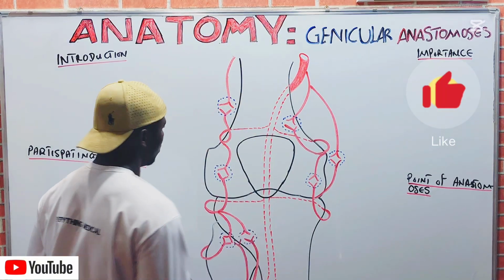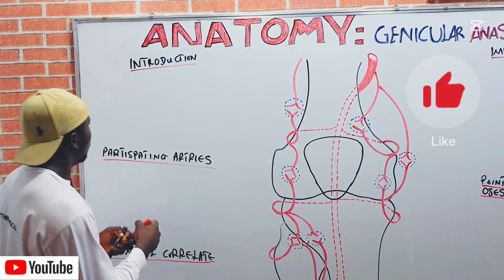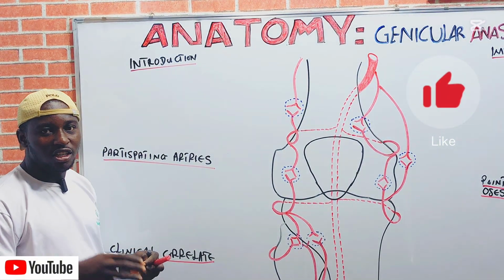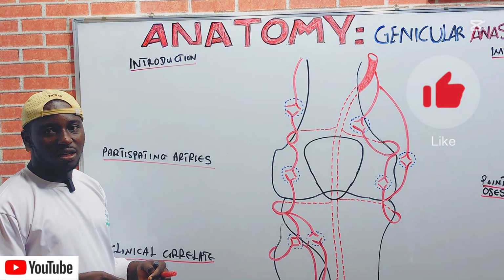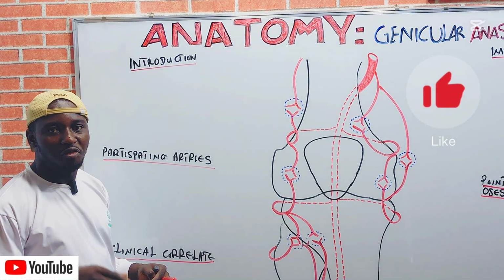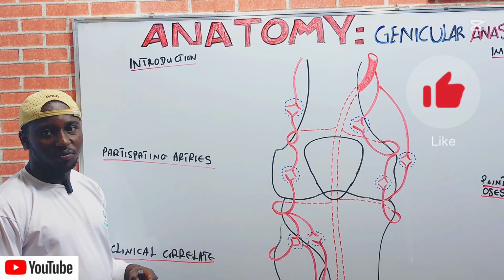The first thing is the introduction. What is genicular anastomosis? Genicular anastomosis is an arterial anastomosis that is located or found around the knee joint.